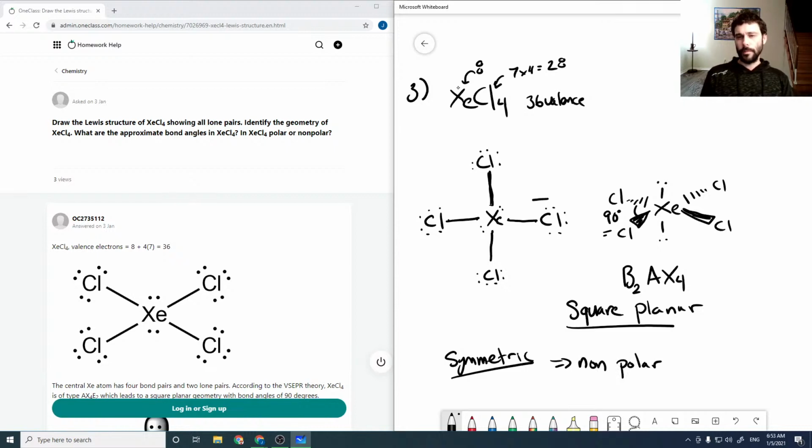So each of the bond dipoles between chlorine and xenon will perfectly cancel, leaving you with a zero dipole. So non-polar, so the dipole is 0.